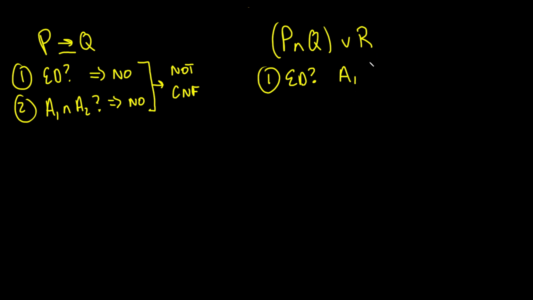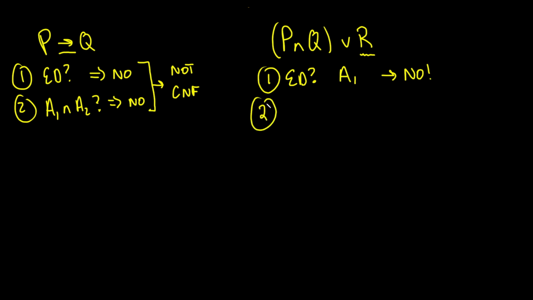Now, the right disjunct here, this R, is a literal, and it is a disjunction, but notice that it is not a disjunction of literals because we have this P and Q here. It's a disjunction of R and a conjunction. So the answer to this would be no, and so this formula would not be an elementary disjunction.